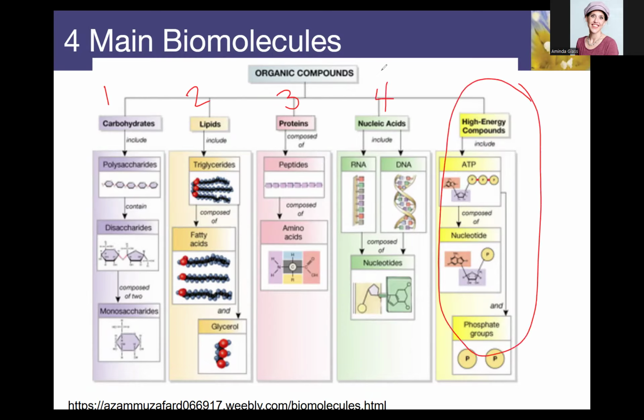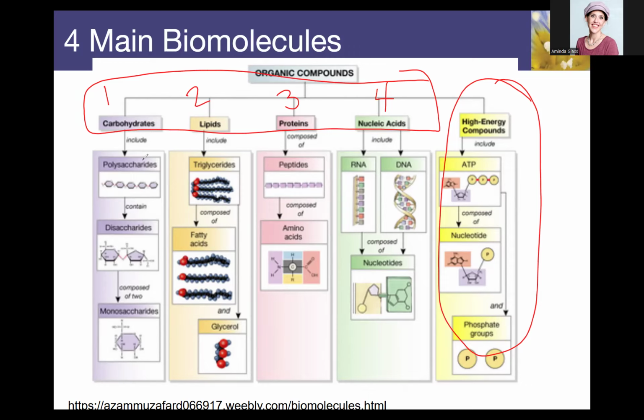High energy compounds are considered important molecules in our bodies, but the main ones are carbohydrates, lipids, proteins, and nucleic acids. Here is a brief overview.